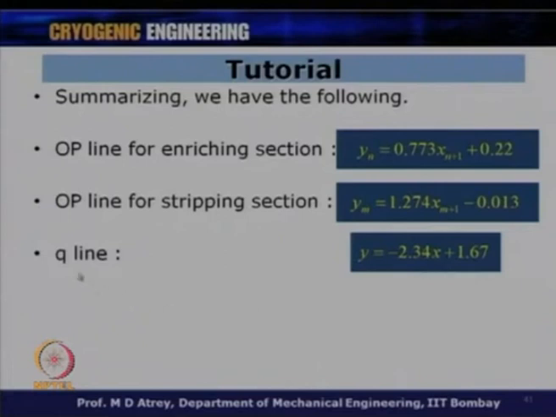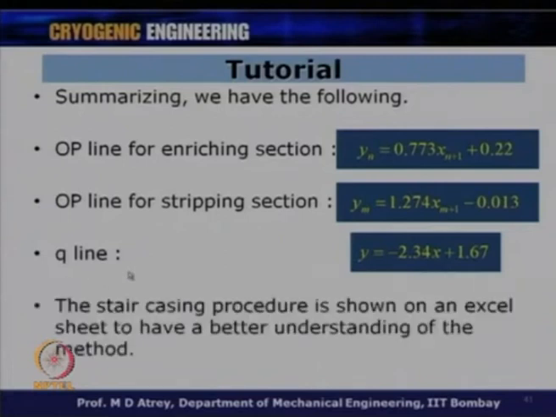So, I now know the equation of the q line also. With this, I am ready to go for my staircasing, provided I know the equilibrium curve for this particular composition and pressure also. So, the staircasing procedure is shown on an Excel sheet to have a better understanding of the method. Now, I do not want to draw it here, but I will now go to the Excel sheet. You will have to use your graph paper to calculate this, because it cannot be done on paper.